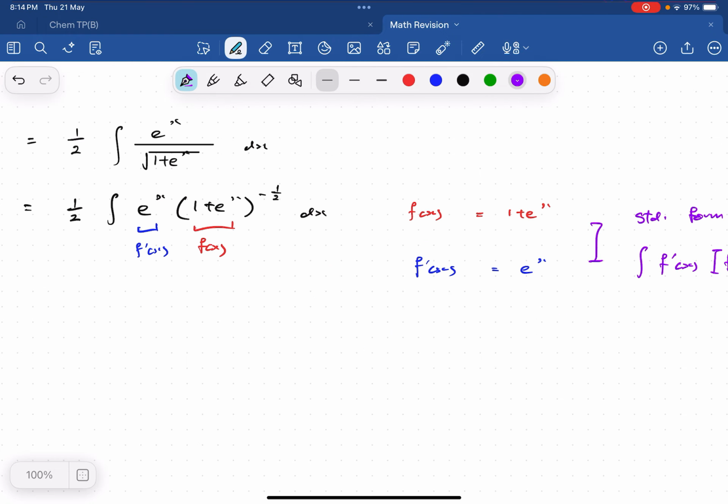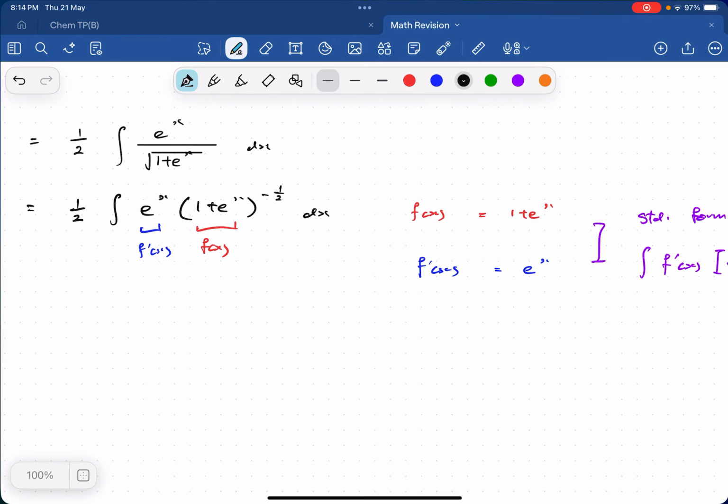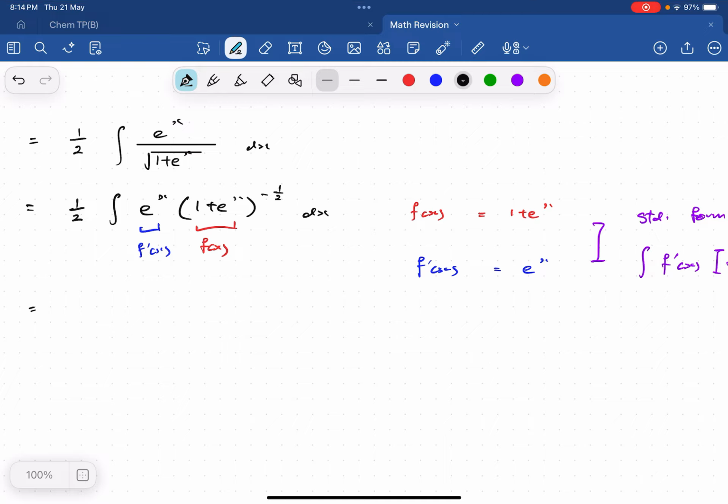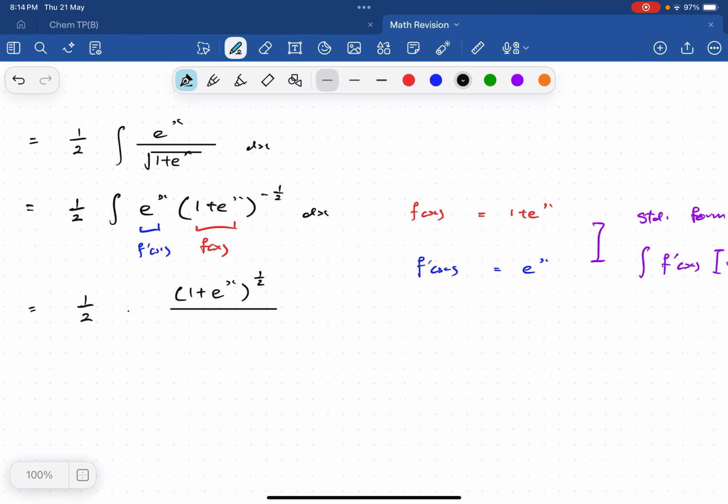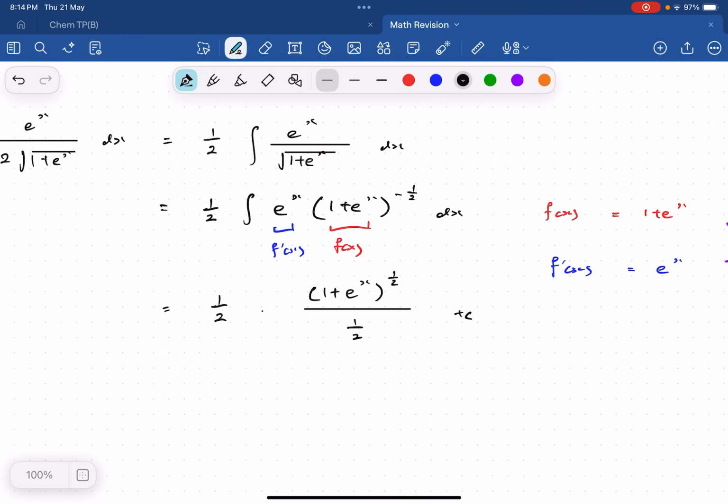So let's just follow this standard form now, and once again I have my constant outside, and then I worry about the thing inside the integral. My n is minus half, so I want n plus 1, so I write half. And then my denominator is also going to be half, plus c.